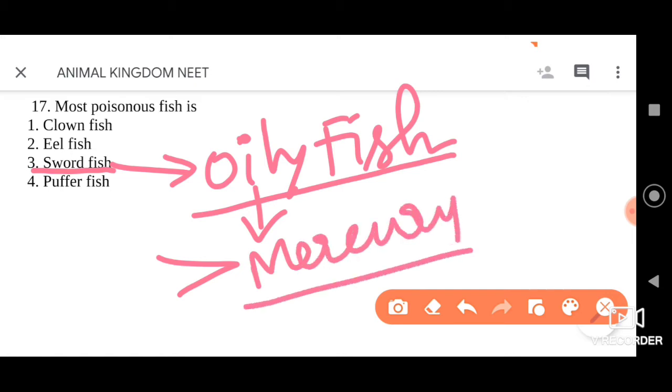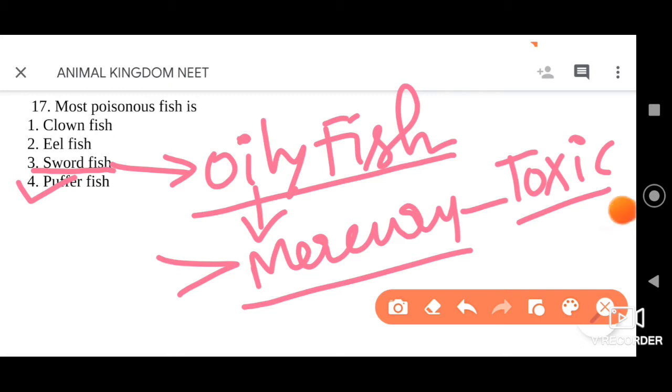Because of the presence of high levels of mercury, they are toxic when consumed. But mercury is not as toxic or as poisonous as tetrodotoxin of puffer fish. So dear students, without any hesitation, please go for option 4, that is puffer fish.